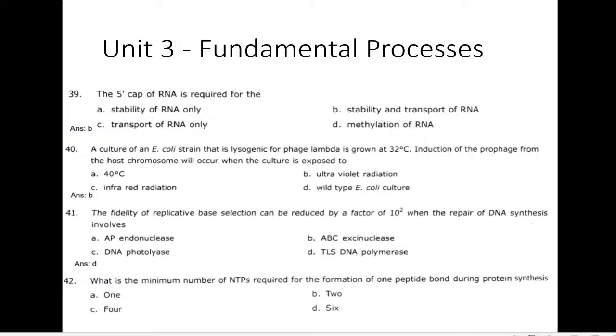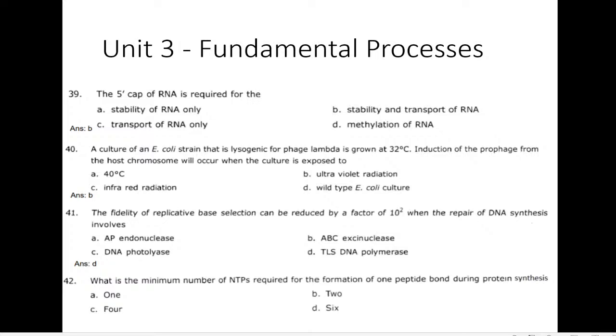So here the concept is the DNA replication process. In this DNA replication process, the DNA synthesis process gets repaired. So there may be some mistake, so they are doing repair.